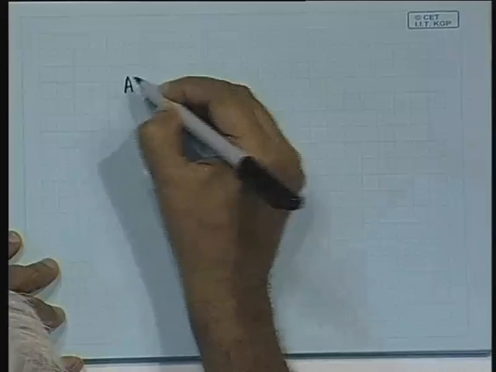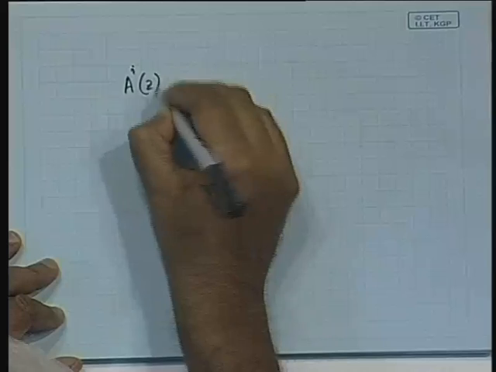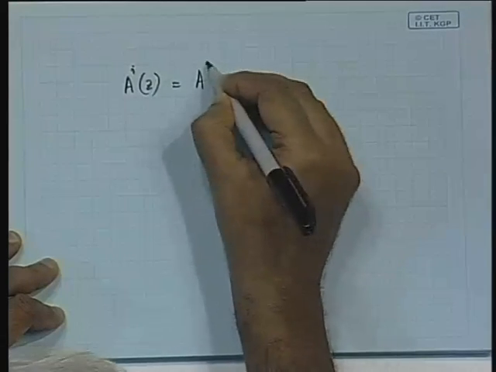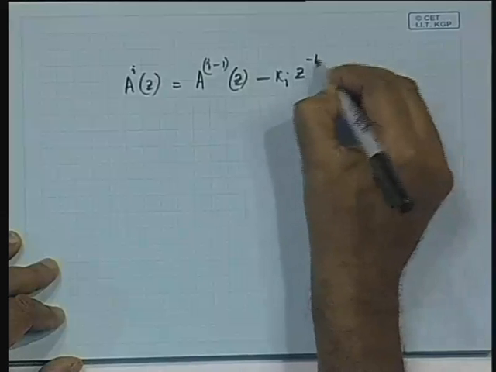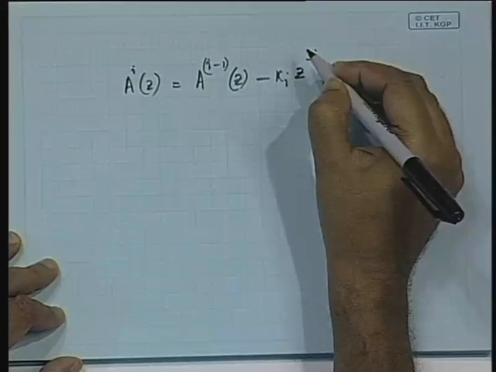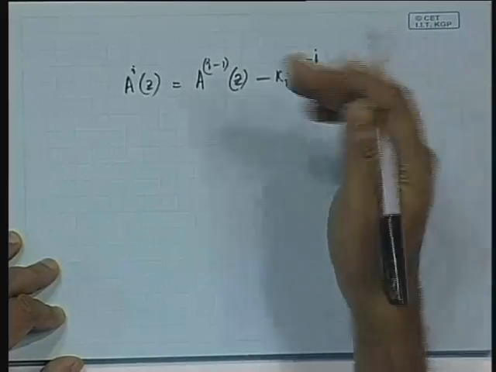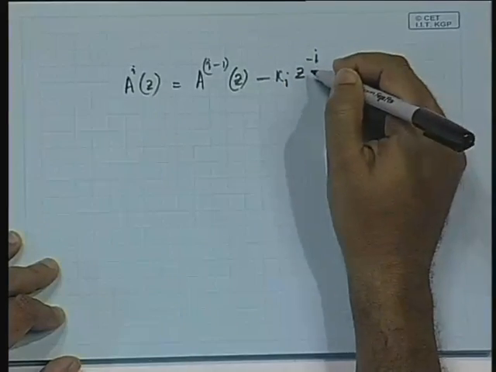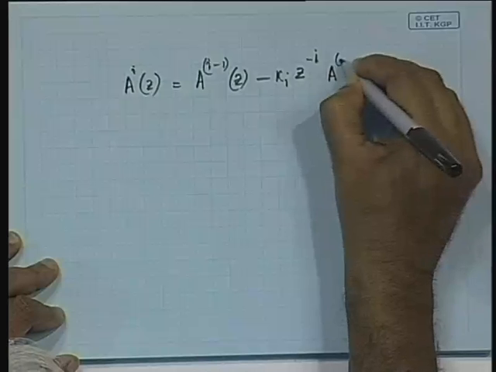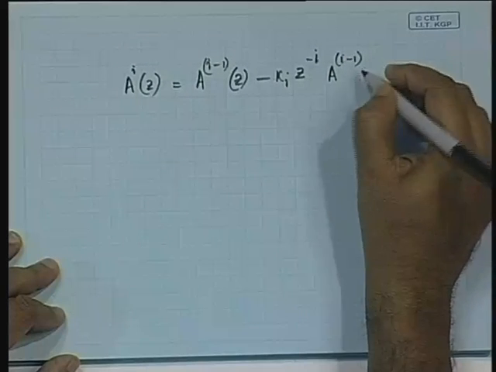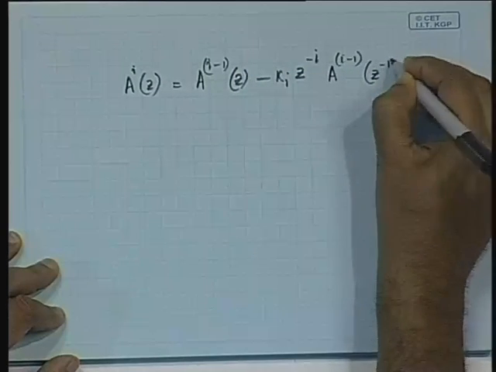If you can play well with those recursions, ultimately what you are going to get is a recursive relation something like this: A I Z can be expressed as A I minus 1 Z minus K I Z to the power minus I. We can immediately note how this Z to the power minus I term comes: after isolating the last term in the summation, we definitely get a Z to the power minus I term, and with proper identification, you will find this becomes A I minus 1 and the argument becomes Z to the power minus 1.